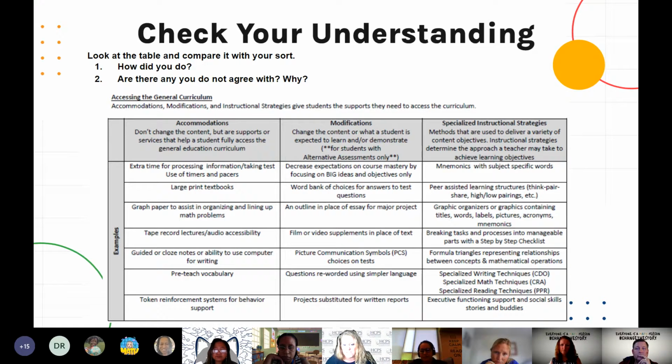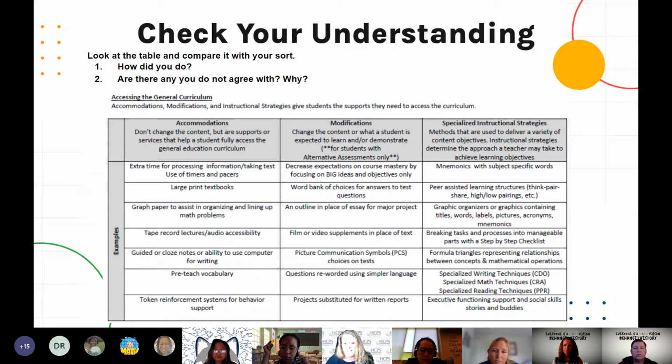So when you have students sitting in your grade level math 6th, 7th, or 8th grade classroom, and whether they are a gen ed or an ex ed student in there, the expectation for them is grade level standards. So if you modify the grade level standards, that's a modification. Students who require a modification to content typically are students who are eligible for an alternate assessment. So it is not going to be common.